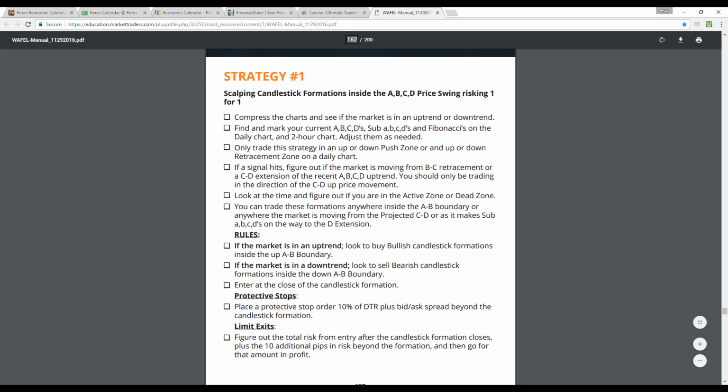Okay, so as you all know by now, these are different strategies designed and developed by MTI to identify entry opportunities.